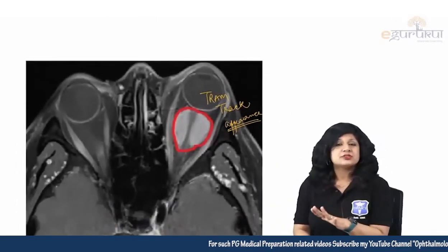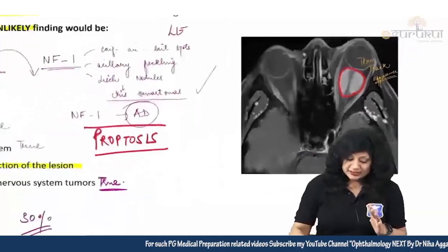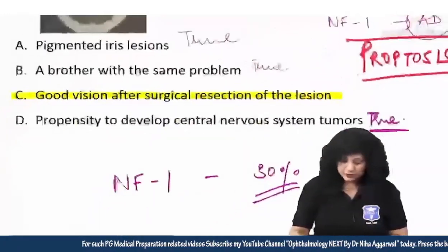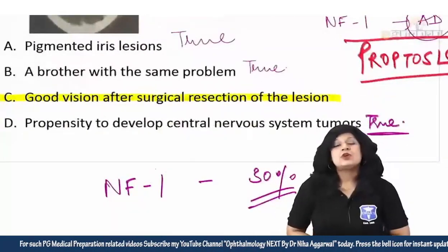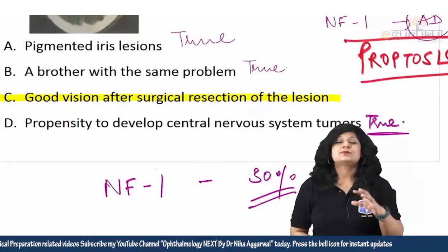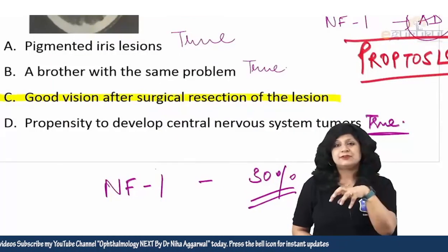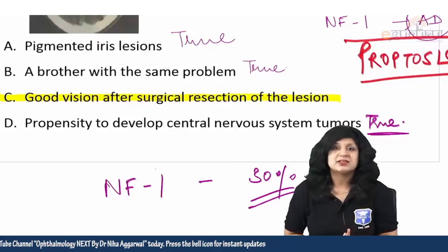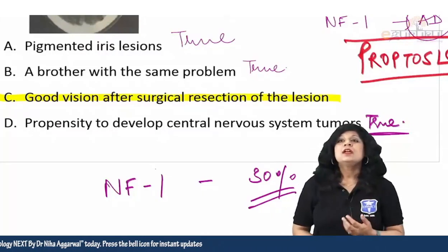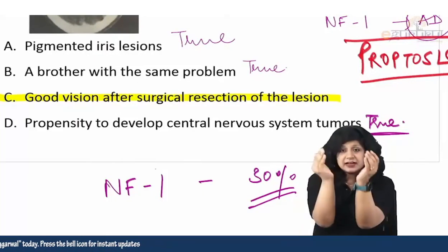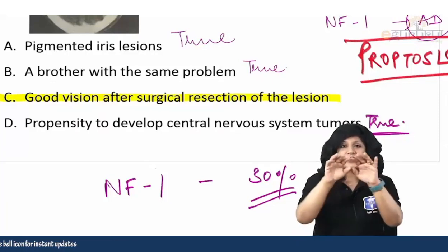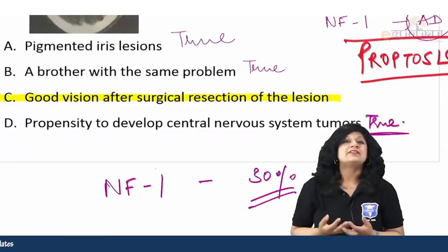So this is a case of glioma. Now, once you are sure that this is a case of glioma, why is it unlikely to have good vision? See, in most cases, because it is involving the optic nerve, visual acuity has to be affected and vision loss has to be there. Because it is involving the optic nerve as a whole, we have the fusiform enlargement of the optic nerve as a whole.